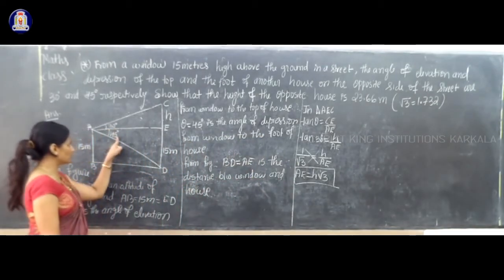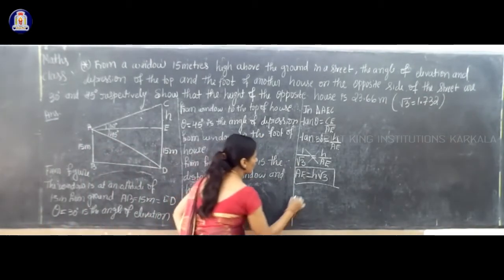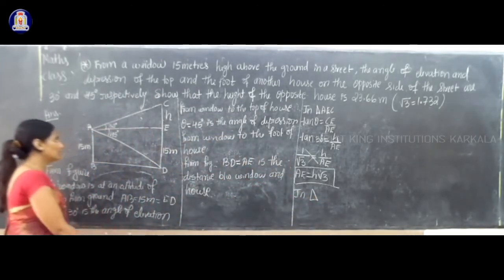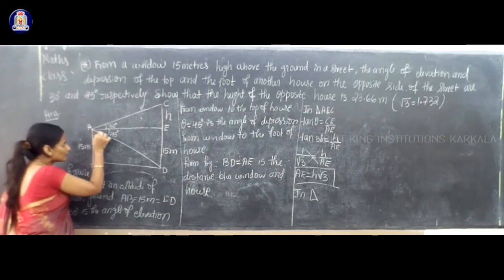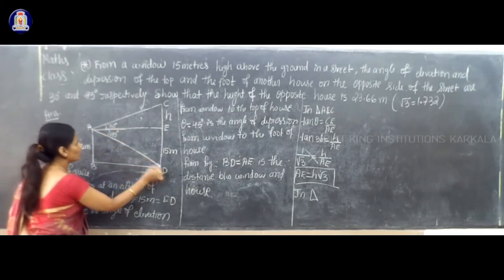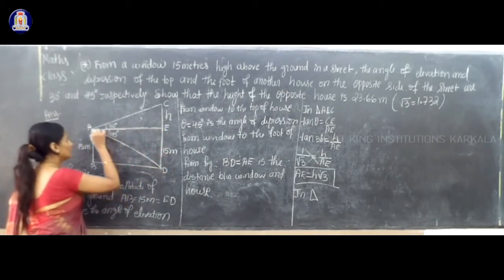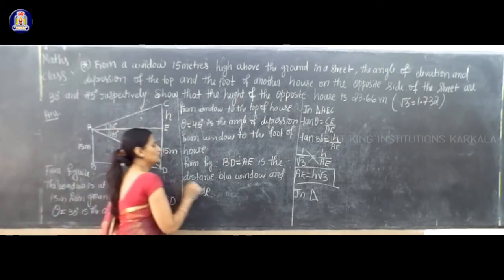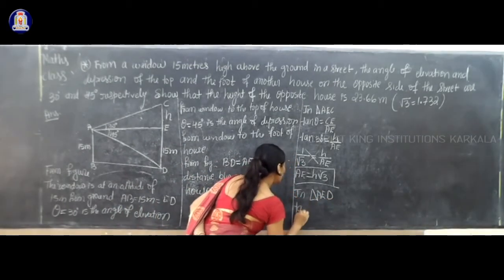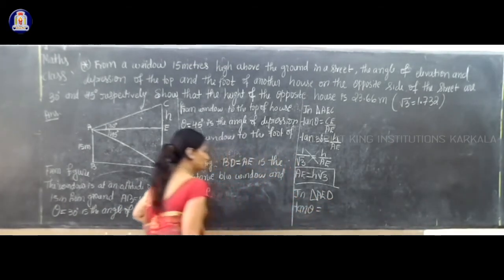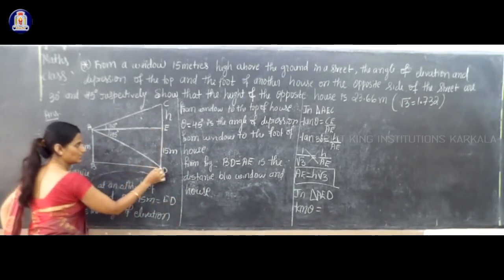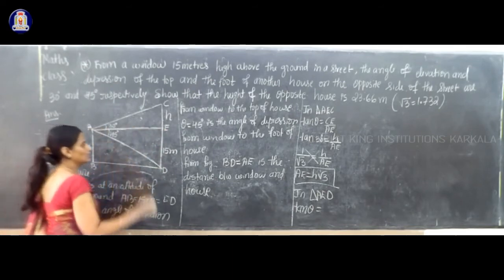Now use 45 degree. In the right angle triangle for 45 degree, identify the triangle. The 45 degree is between these two lines, so your triangle is AED. In triangle AED, tan theta: the opposite side is DE and the adjacent side is AE.